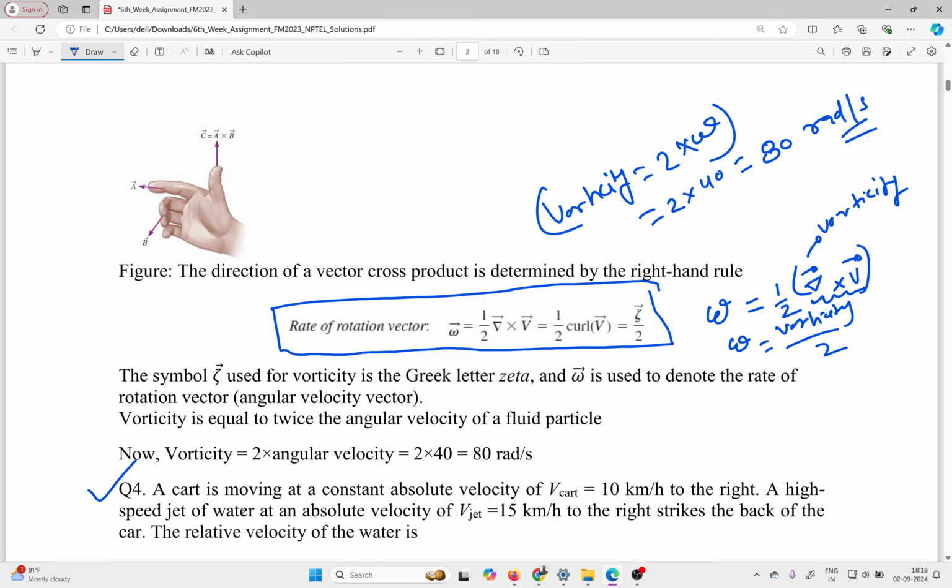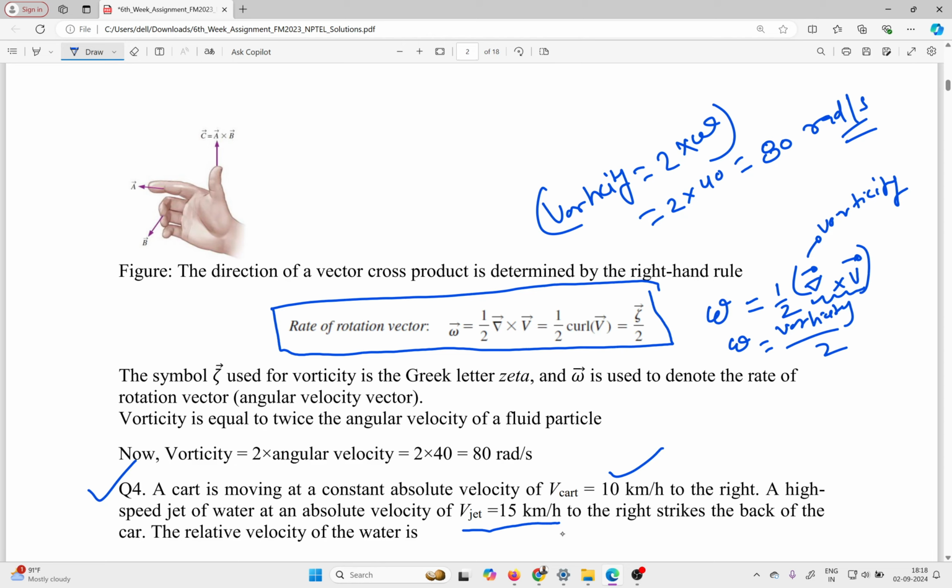Next, a car is moving at a constant absolute velocity V car of 10 kilometer per hour to the right. A high speed jet of water at an absolute velocity V jet of 15 kilometer per hour to the right strikes the back of the car.